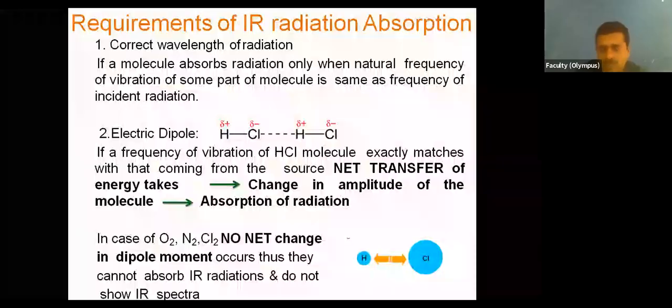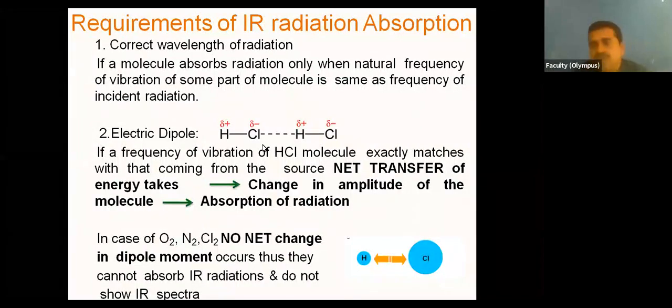So that molecule must contain an electric dipole, because we have seen what electromagnetic radiations are. These electromagnetic radiations have two components, an electric component and a magnetic component. So we may say that electromagnetic waves have a fluctuating electric field.